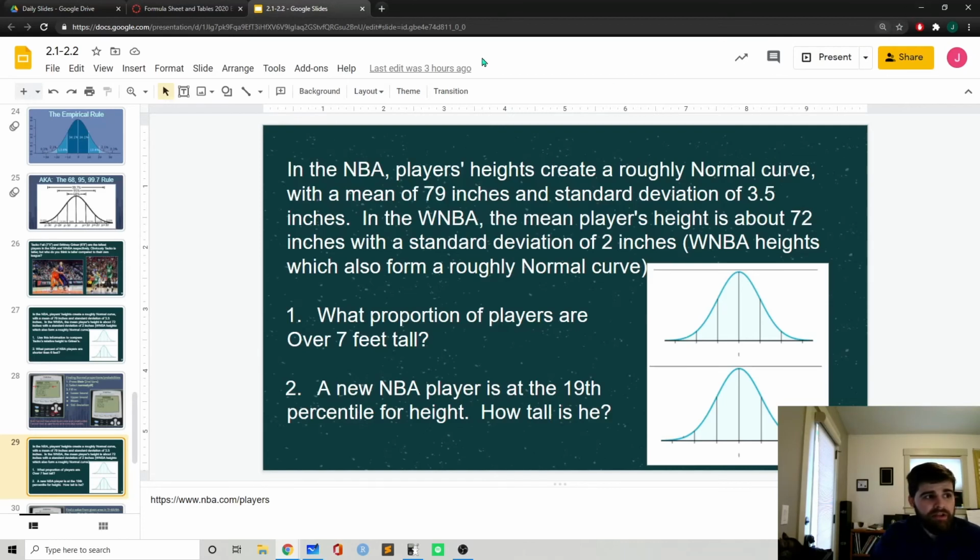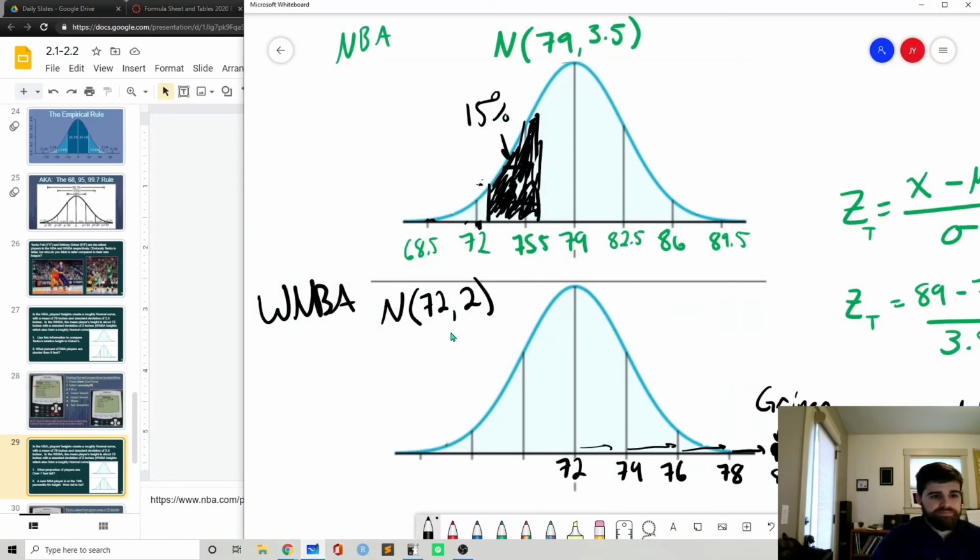We can also use table A, but it gets a little bit harder to answer this question. If he's at the 19th percentile, we want to figure out what point leaves 19% of the data behind. It's going to be hard to figure this out exactly, so I'm just going to guesstimate. I could think hard about this and figure it out based on the empirical rule.